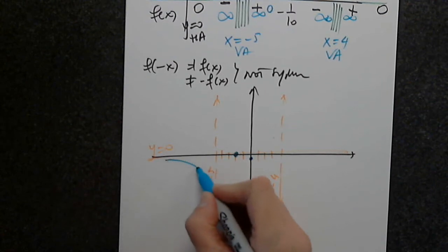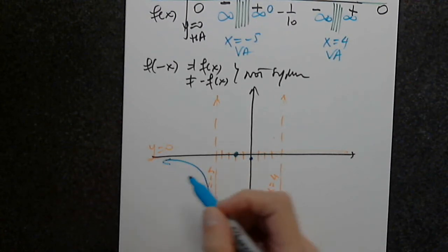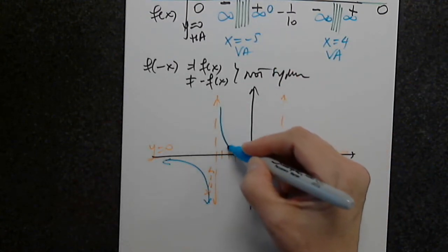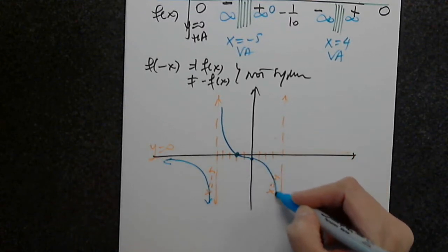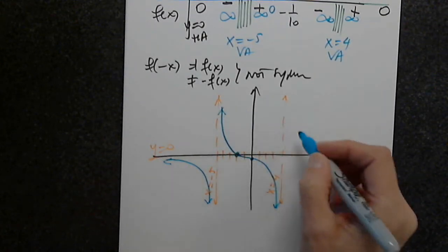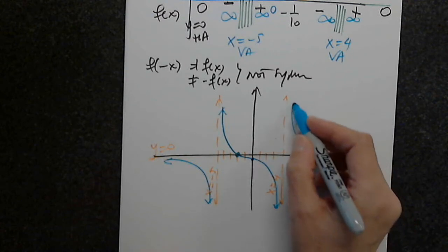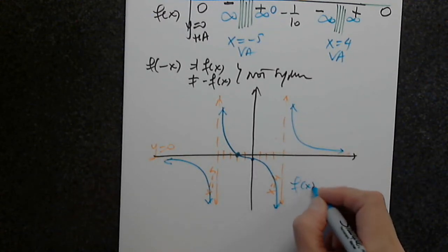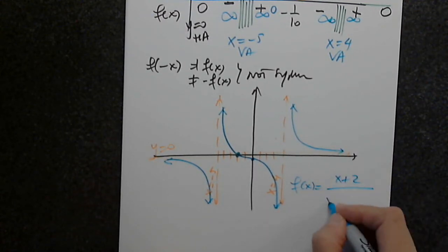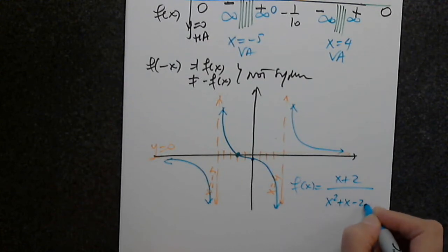So from 0 to -infinity, from positive infinity crossing, going to -infinity, and from positive infinity to 0, and that's our function x plus 2 over x squared plus x minus 20.